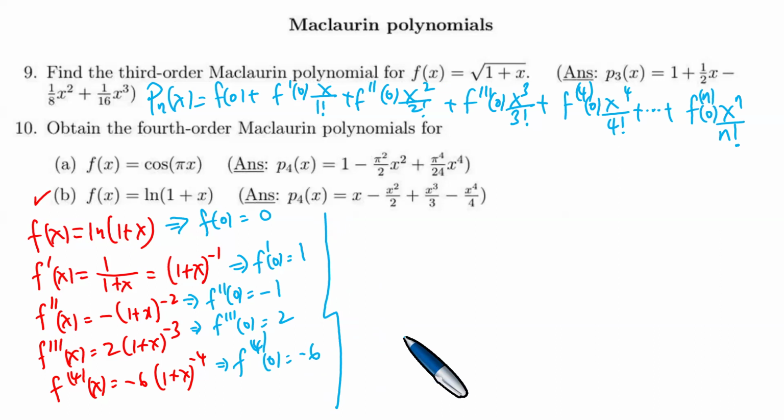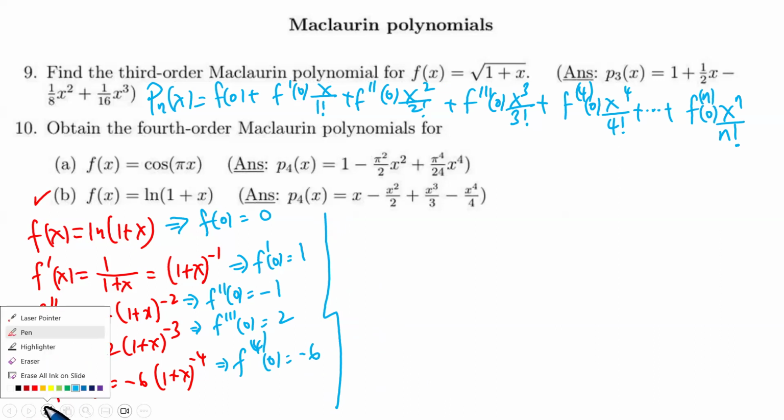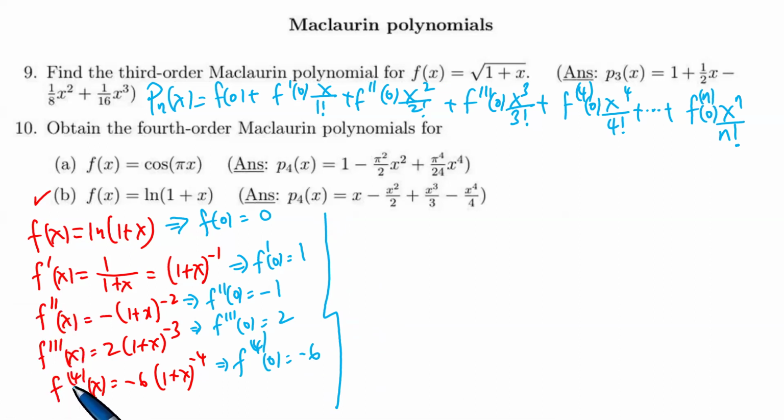Okay, so let's continue. Now let's look at the fourth order. So we're going to look at P4. You make n 4 in this formula. What is f of 0? It's 0. The first derivative is 1. The second one is minus 1.